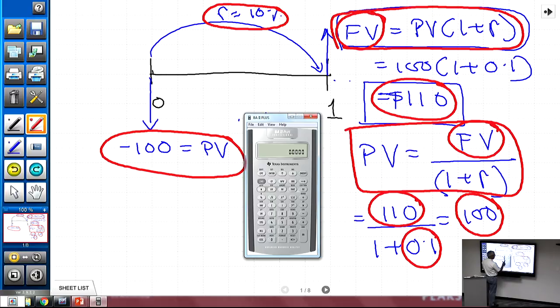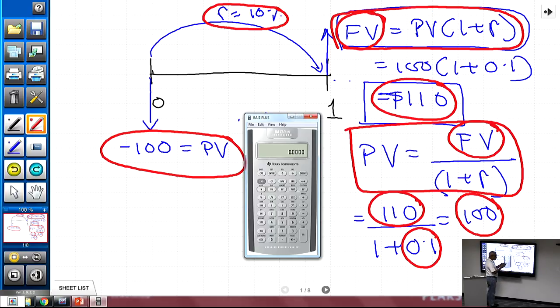The second thing you do is press second and then the FV key. The FV key is on the third row from the top, right hand. So second FV. What it does is, if you can see it over here, right above the FV, there are the words CLR TVM, which means clear time value of money.